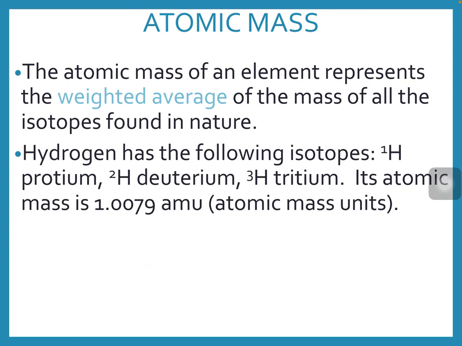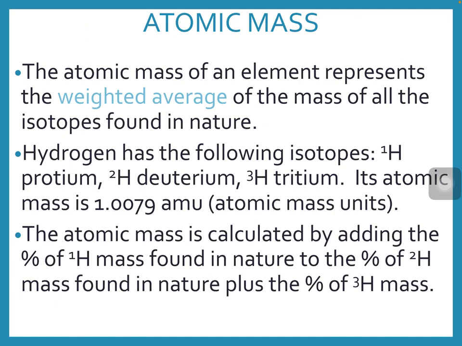The atomic mass listed in the periodic table is 1.0079 atomic mass units. And that is based on taking the percent of protium that exists and the percent of deuterium and the percent of tritium. And that will give us the average atomic mass, or the relative atomic mass.